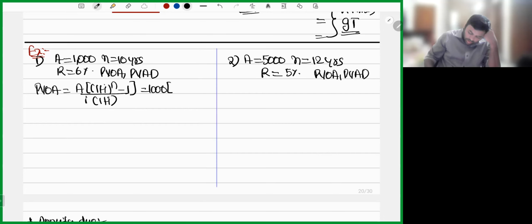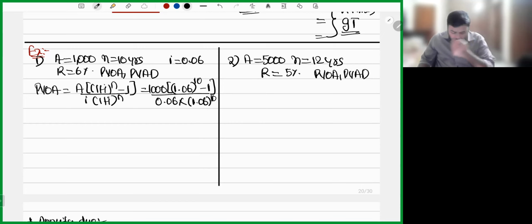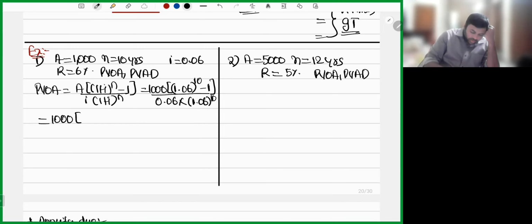Rate is 6%, which means I is equal to 6 by 100, which is 0.06. 1.06 whole power 10 minus 1 whole divided by 0.06 into 1.06 whole power 10. Sorry, this is I divided by 1 plus I whole power n. I forgot that n. Now, 1,000 into 1.06 whole power 10. 1.06 into 1, equal to symbol 10 times. 1, 2, 3, 4, 5, 6, 7, 8, 9, 10.